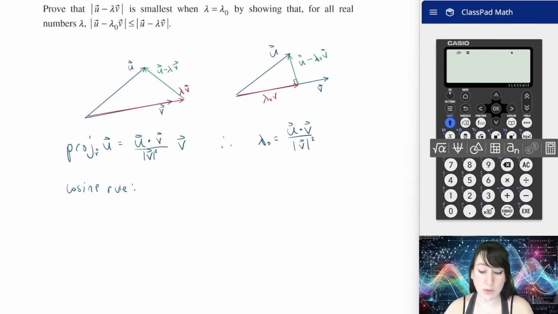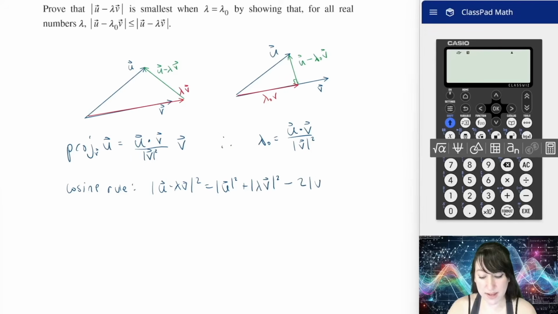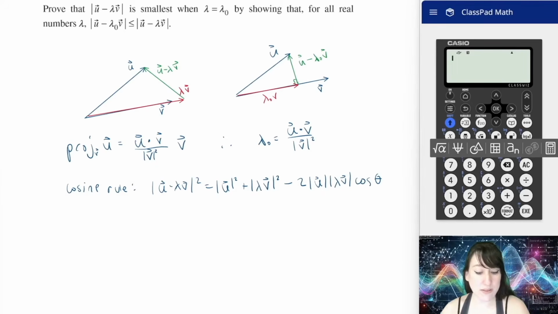So in the cosine rule, we'd have the length of u minus lambda v squared is the length of u squared plus the length of lambda v squared minus 2 times the length of u times the length of lambda v times cosine of theta, the angle between the vectors.